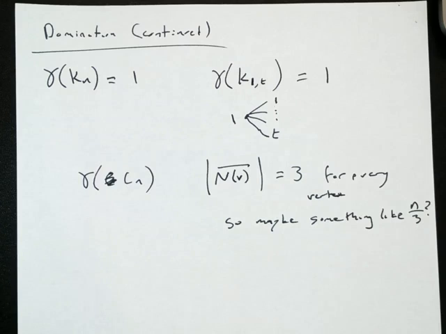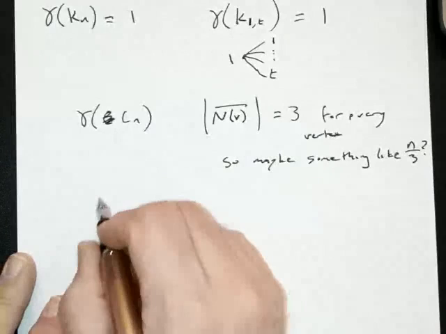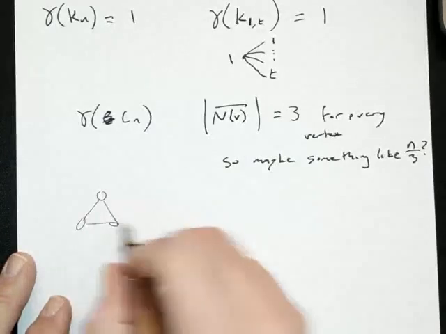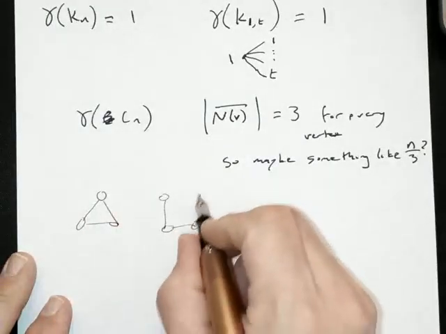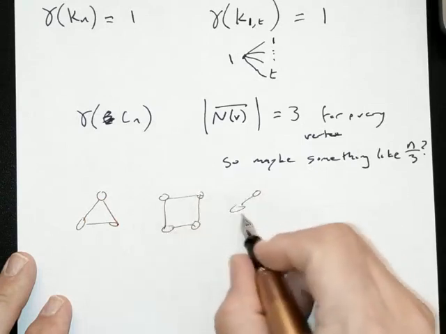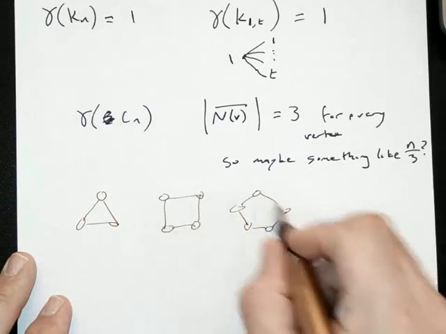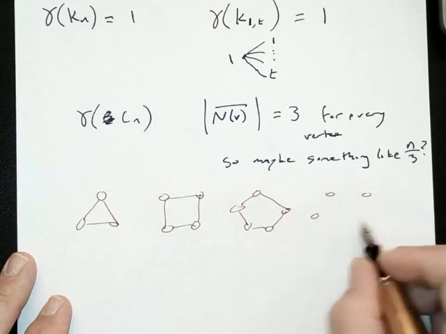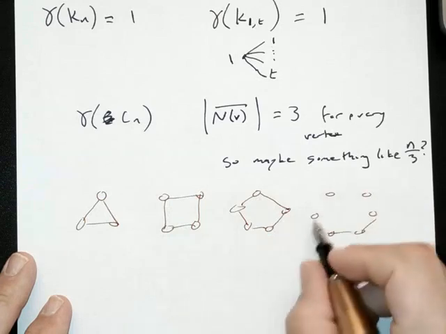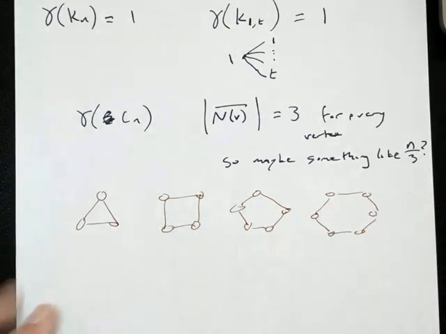Remember, I'm using that bar when I think of neighborhoods to mean closed neighborhood. I ran out of room by the time I got across to 6.